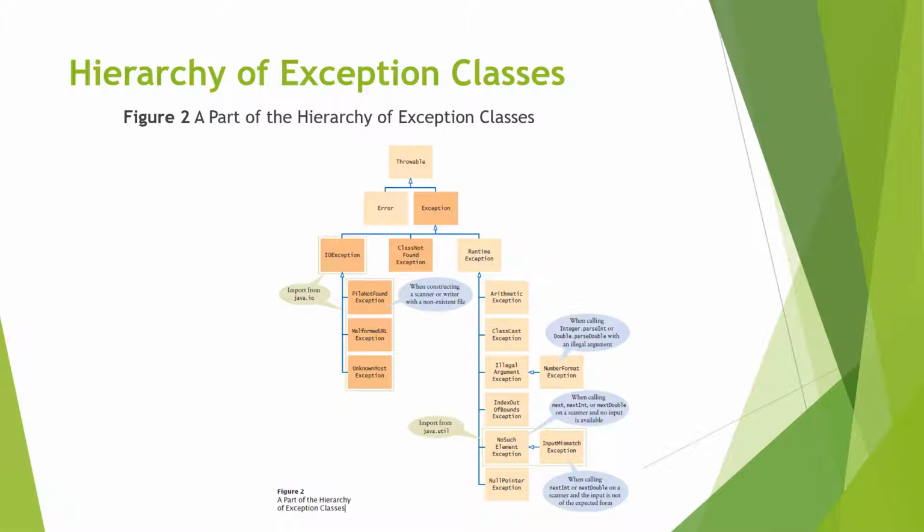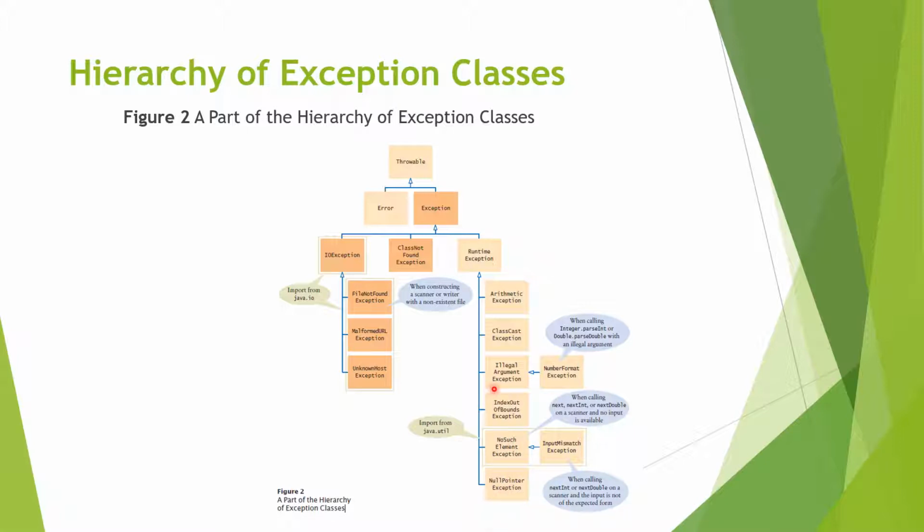And then the runtime exception is the superclass for a number of subclasses for a number of runtime exceptions. For example, arithmetic exception when you divide a number by 0, or class cast exception, illegal argument exception, index out of bound exception, no such element exception, or null pointer exception.